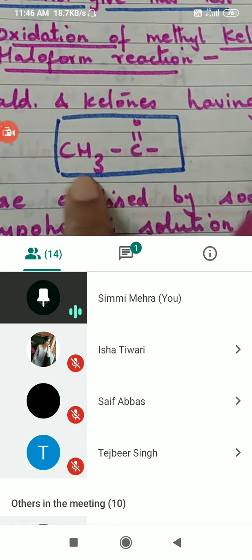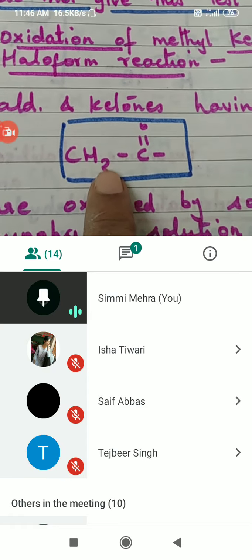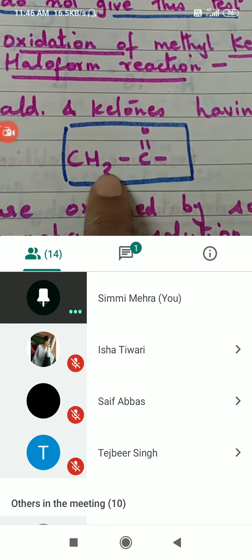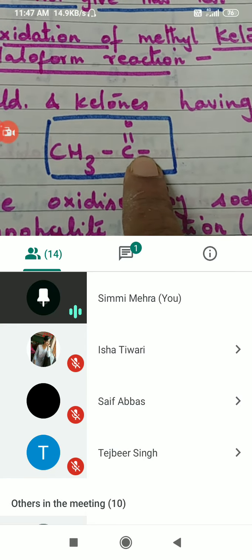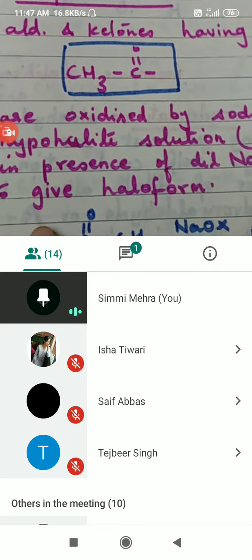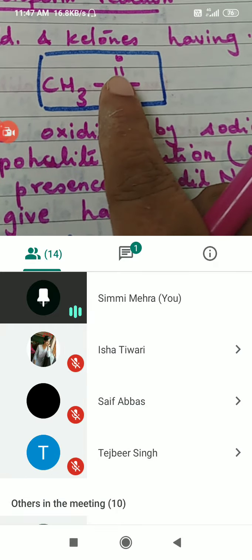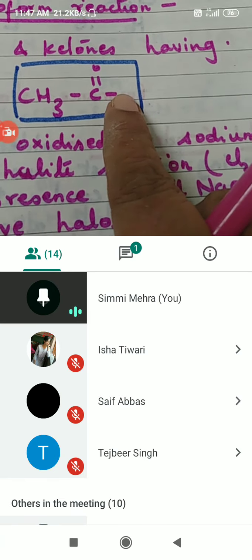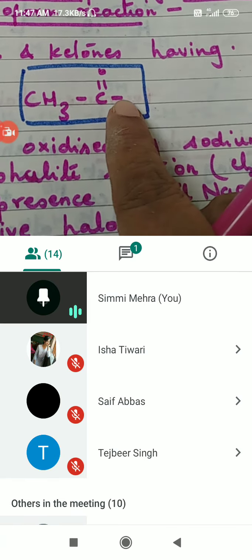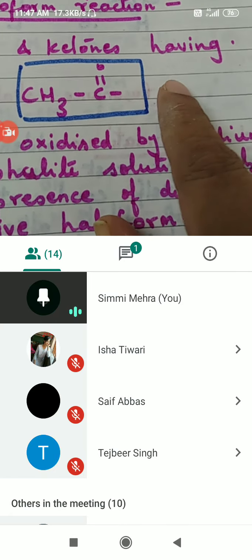This is known as a methyl ketone. So any aldehyde or any ketone in which the methyl group is attached to C double bond O will give this reaction. What is the oxidizing agent that we use? We use NaOH and halogen, like chlorine, bromine and iodine.